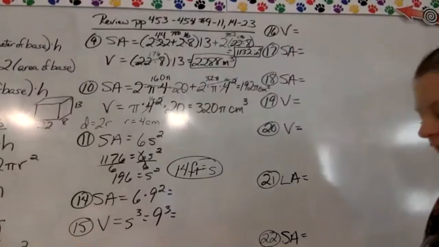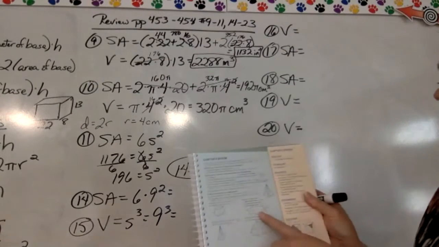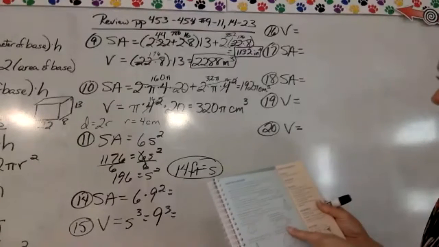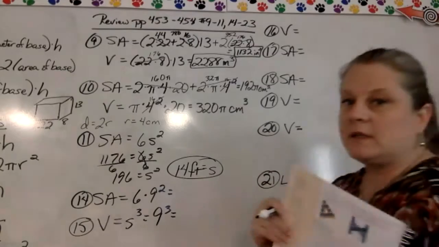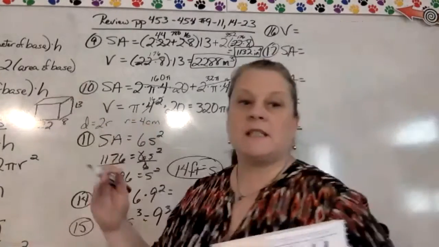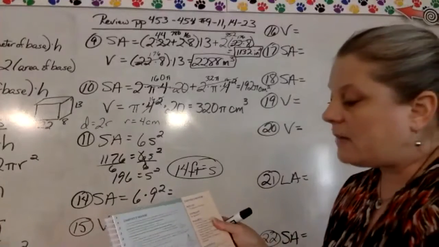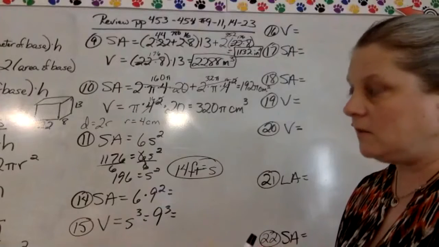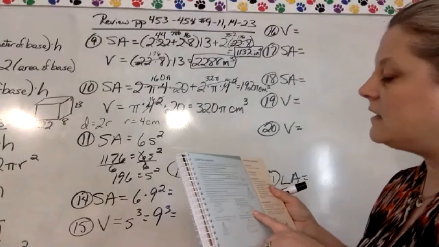Okay, number 16. It says find the volume of the right triangular prism. Okay, volume for any prism is the area of the base times the height. But our base is a triangle. So to find the area of a triangle, it's 1/2 times the base of the triangle times the height of the triangle.